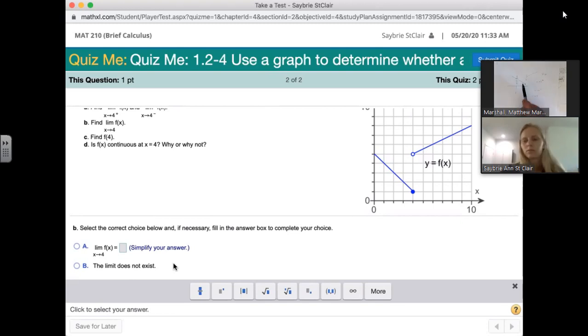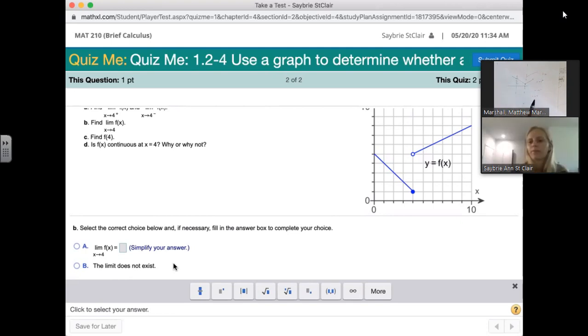But if you look at my graph, if your graph looked like this instead, like maybe went up like here instead, then that means as I'm approaching this from the left, it's 1, and if I'm approaching it from the right, it hits that at 1 also, so that would be a limit of 1 if the graph looked like that.